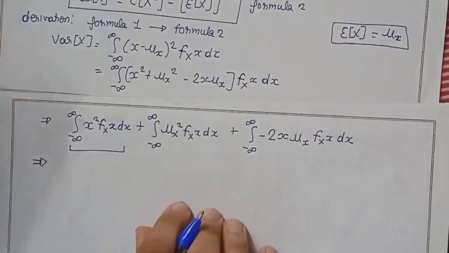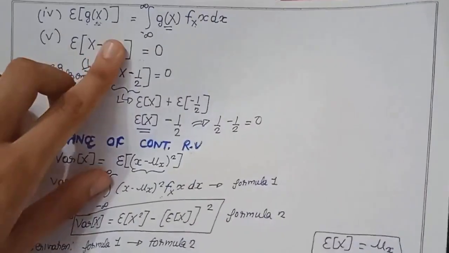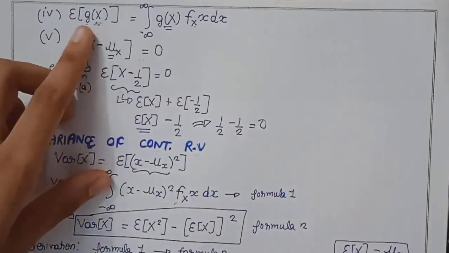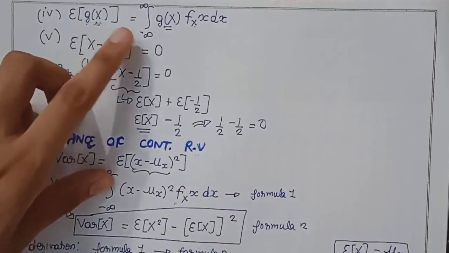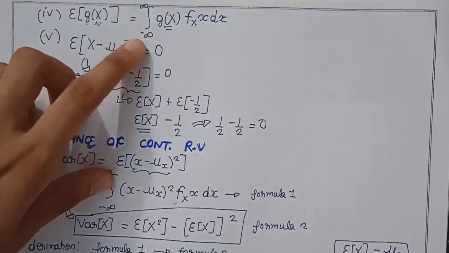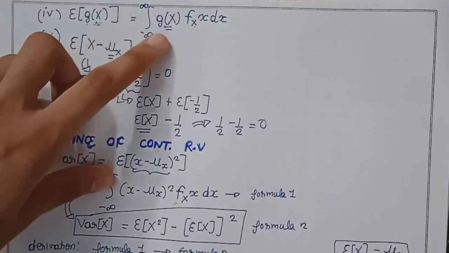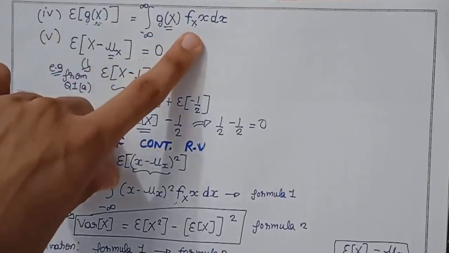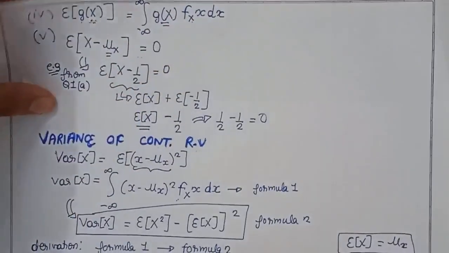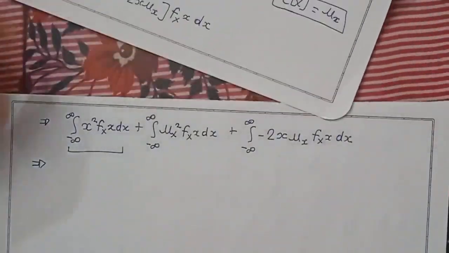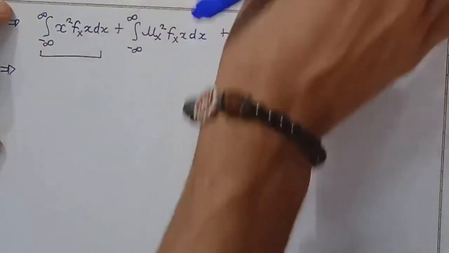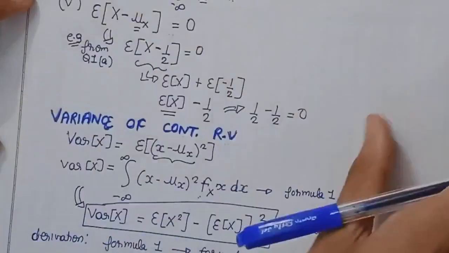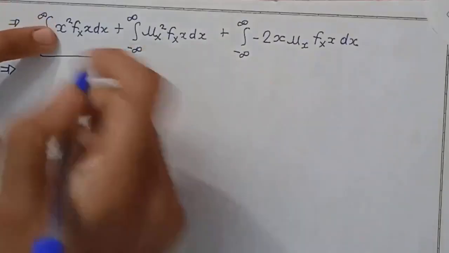So now, using the property that we have studied earlier, the expectation of g(x), that is a function of x, is equal to the integration from minus infinity to infinity of that function multiplied by the respective PDF values. We can see that here, in place of g(x) in the integration, we have x square, so it can be simply seen that here the g(x) function is x square.